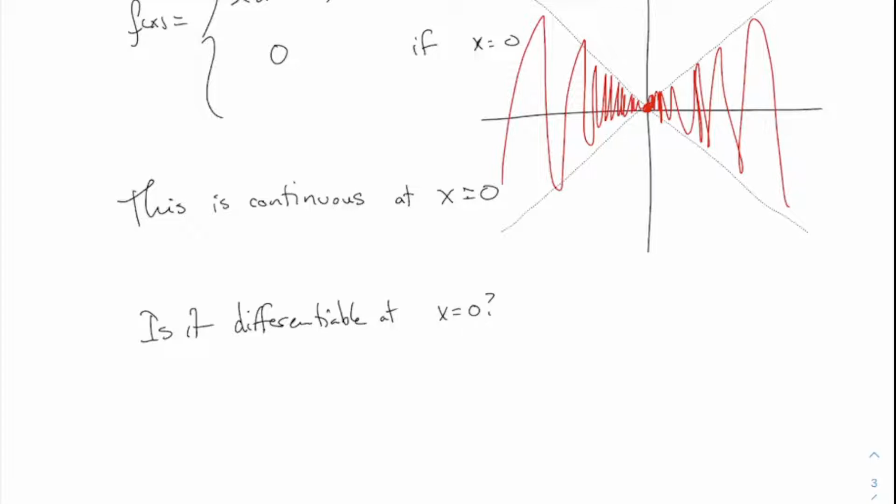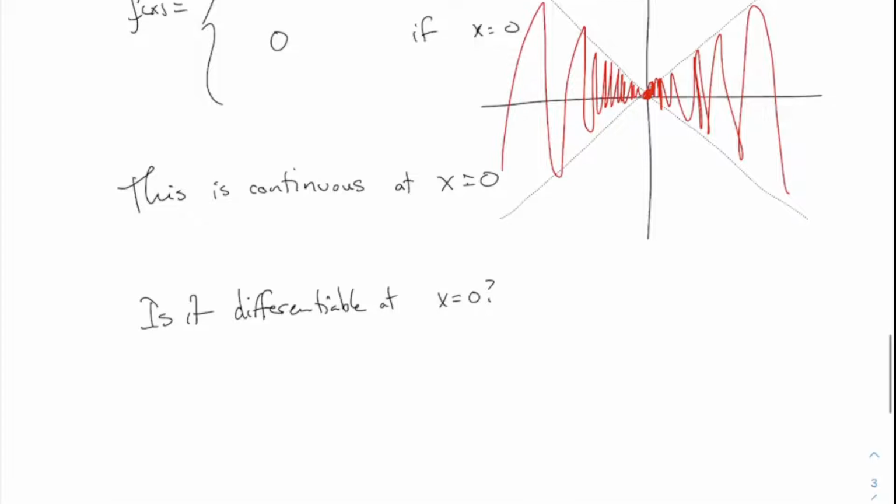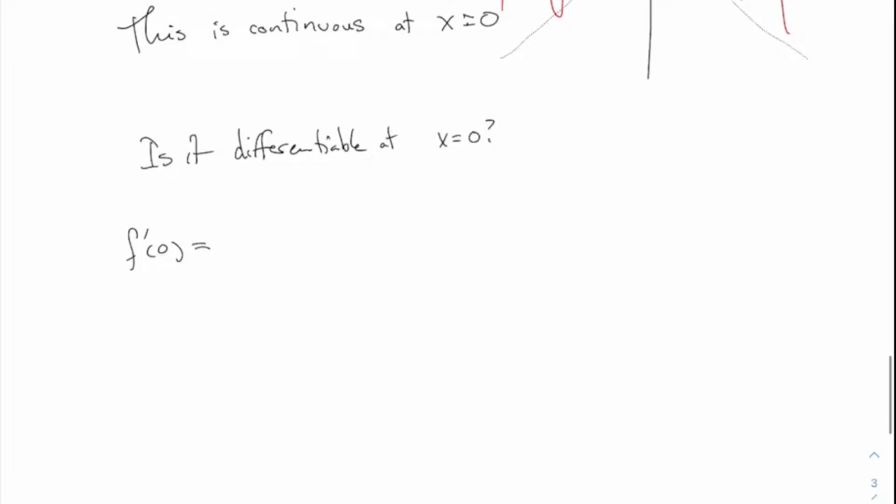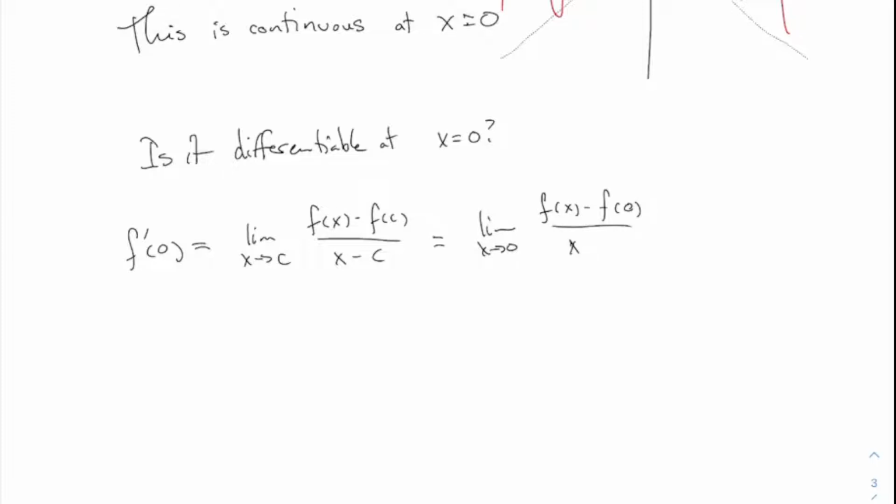Let's see if we can work this out. So we use the definition of the derivative. I'm trying to talk about f prime of 0, right? So this would be the limit as x goes to c, and I'm going to use c equals 0. This is just the memorized definition, and now we plug in 0 for c: f of x minus f of c, which is f of 0, divided by x minus 0, all right?